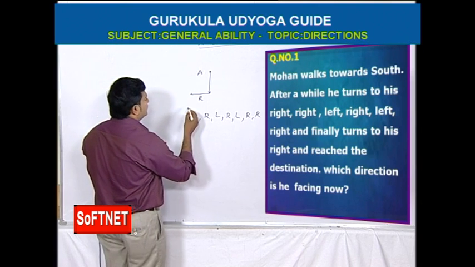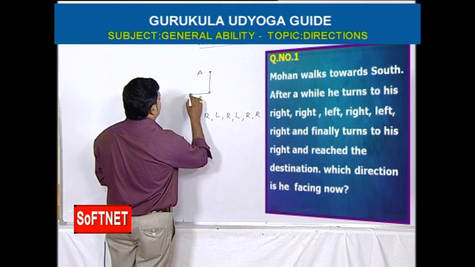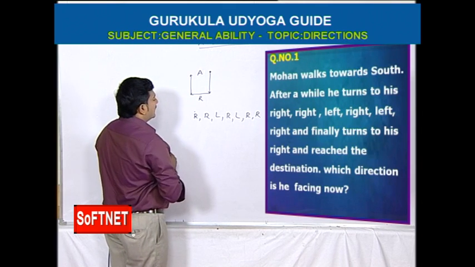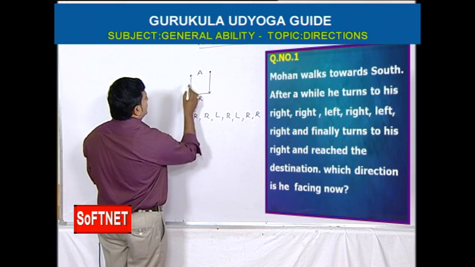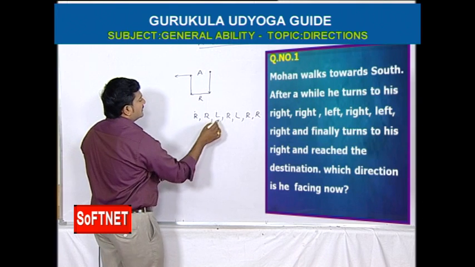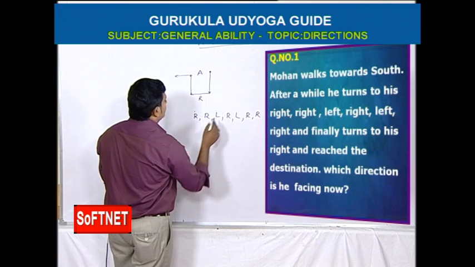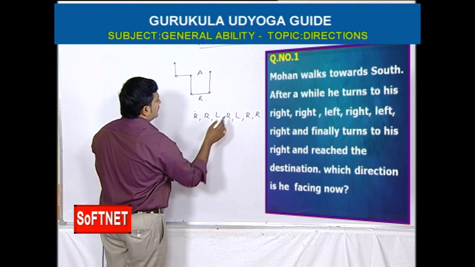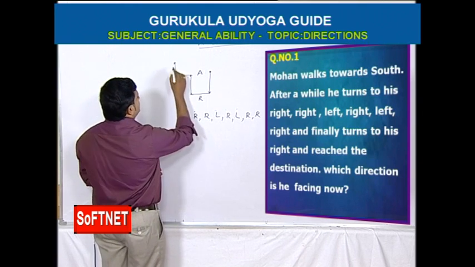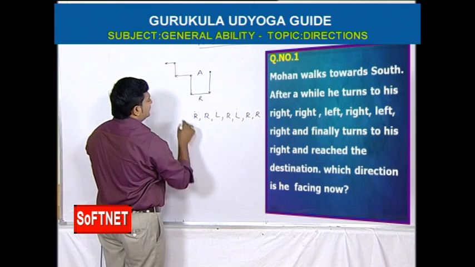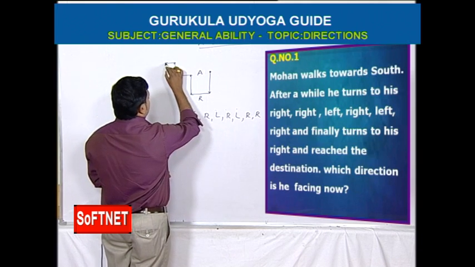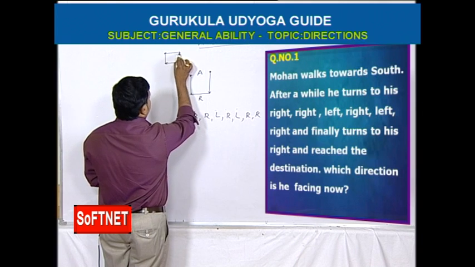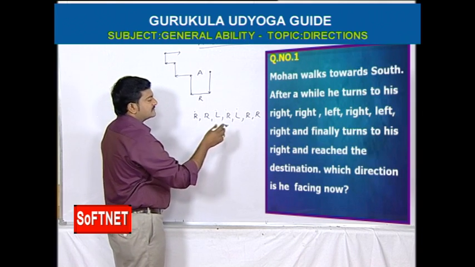Next again we apply the right direction, and again he is given left direction. Then the fourth, right direction, then left direction, then again right direction, and finally right direction. So these are the lefts and rights given.